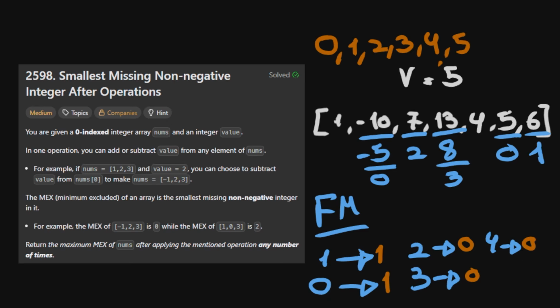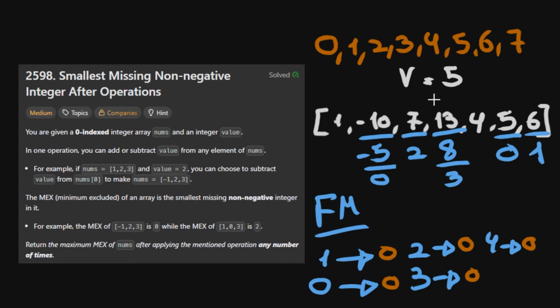And 5 modulo 5 is 0, so we are checking if we have a 0 here. And we have 1 0 available, so this is now 0, and we continue with 6. 6 modulo 5 is 1, so we are checking if we have a 1 available, and we have it right here. So this is now 0, we continue with 7.